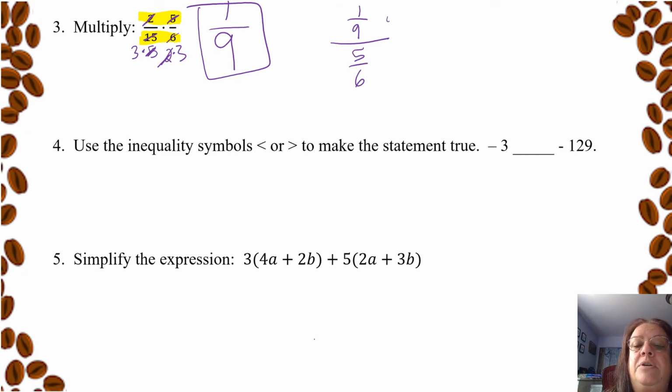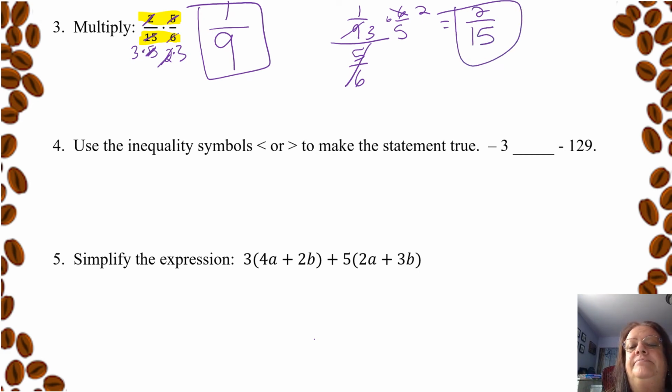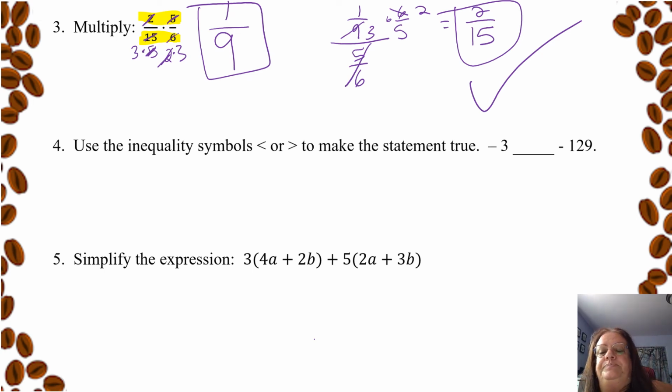Okay, we invert and multiply, so this becomes 6 over 5. This has a 3 in it. That has a 3 in it. So now I have 2 over 3 times 5 is 15. Yes, that's what I had. So check, it's correct.